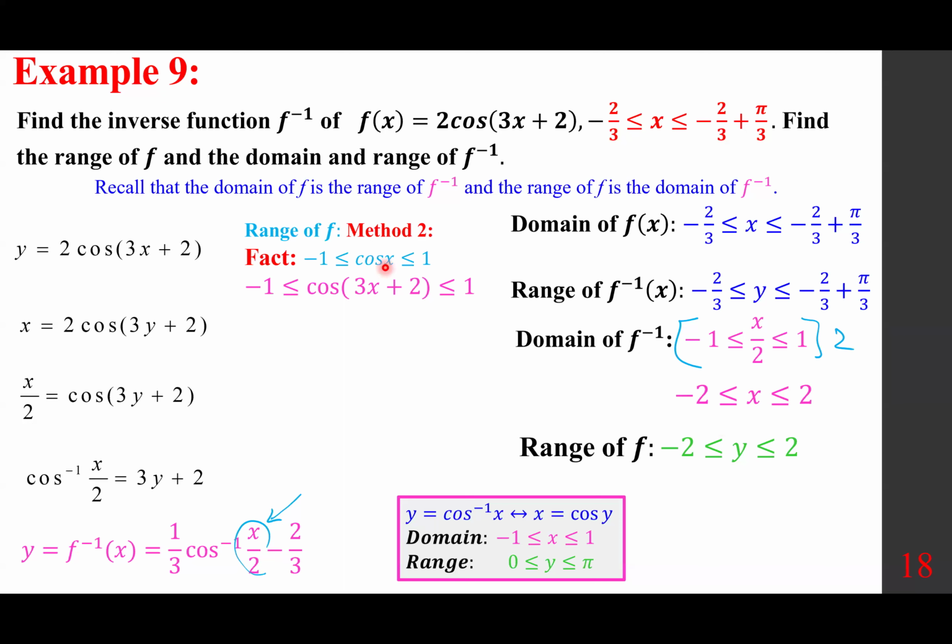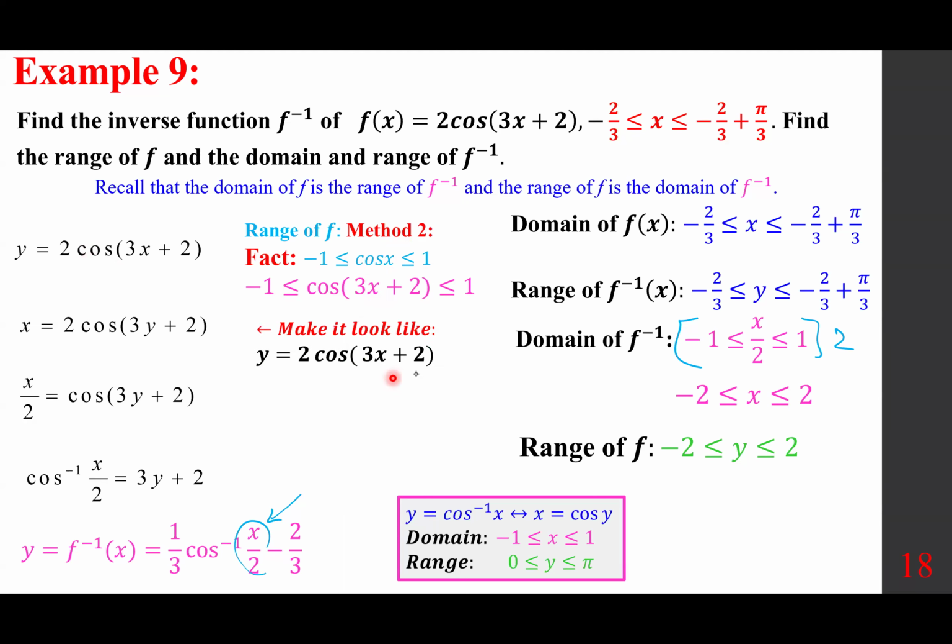Here's method 2. We know cosine is between -1 and 1. If cosine is between -1 and 1, it doesn't matter what the argument is. Cosine of theta, gamma, 3x plus 2 makes no difference. It's between -1 and 1. So you want to make it look like that. If I multiply this by 2, it looks like that.